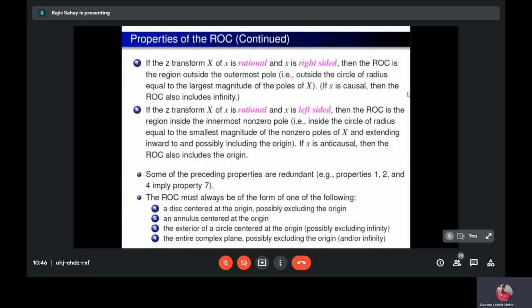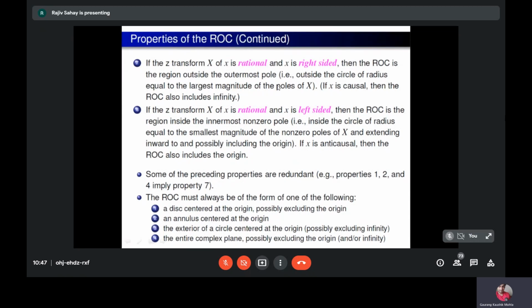Some more points. If the Z transform of x is rational and x is a right-handed sequence, then the ROC is the region outside the outermost pole, that is, outside the circle of radius equal to the largest magnitude of the poles of x. If x is a causal sequence, then the ROC also includes infinity. This is generally what we will be working on. We will be using causal sequences, with rational Z transforms, and we will have poles and zeros.